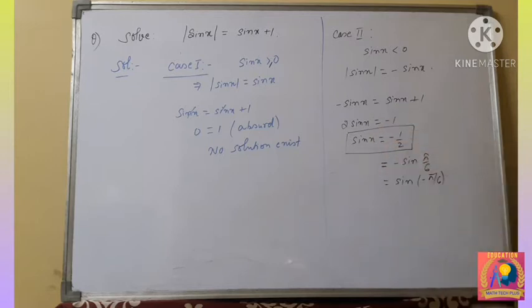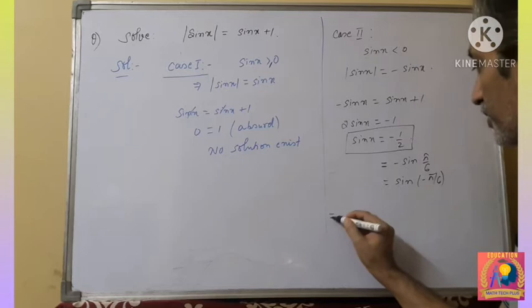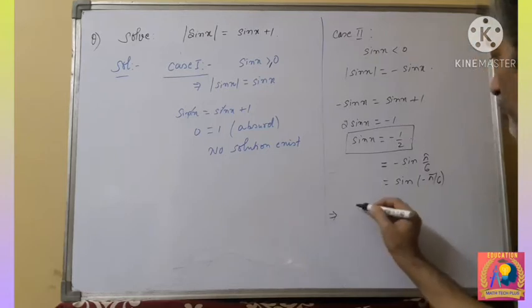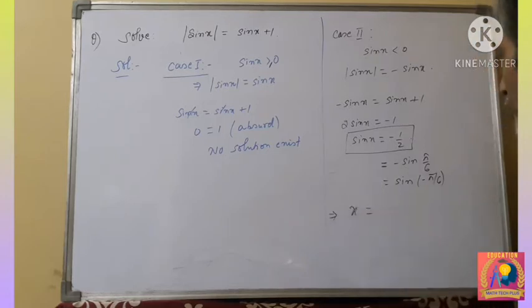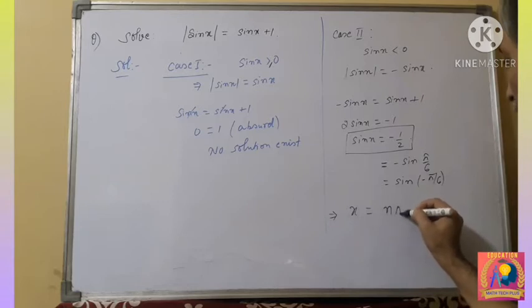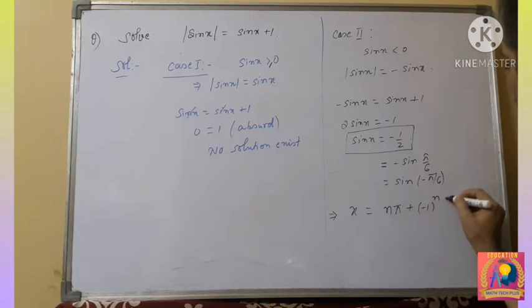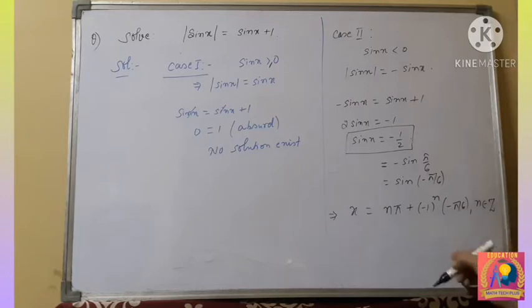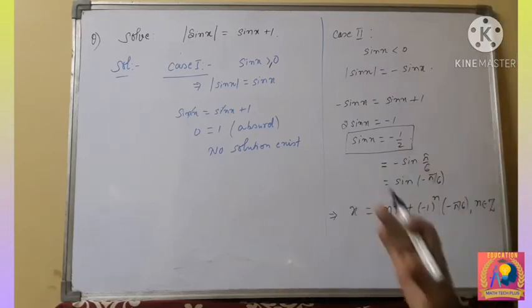Now sin x equals sin of minus theta. So what will be its general solution? Its general solution is given by x equals n pi plus minus 1 raised to the power n times this theta, where n belongs to Z. Z is what? Z is the set of positive integers. No, Z is the set of integers.